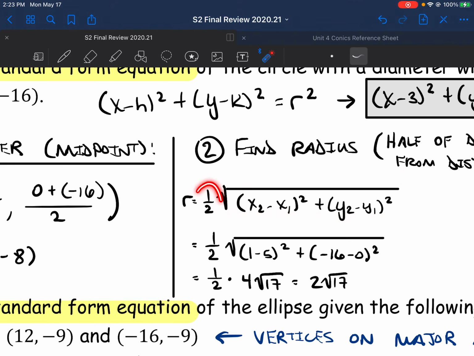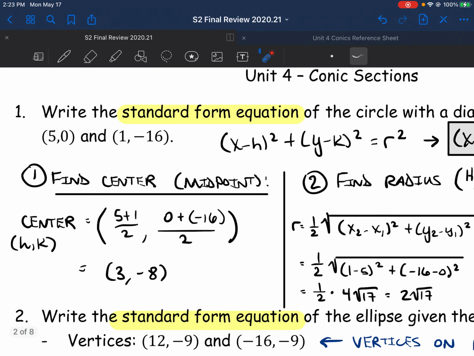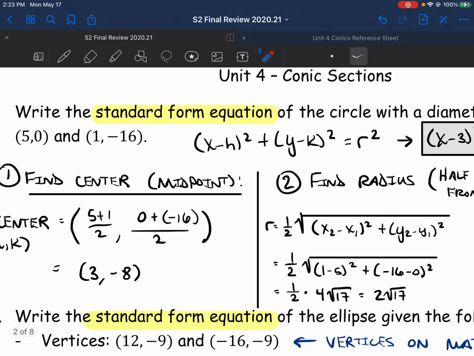And then I'm going to take half of it to go from the diameter to the radius. So we're subtracting the x's, x2 minus x1, 1 minus 5, right there. Subtracting the y's, negative 16 minus 0, right there. Squaring them and adding them together.